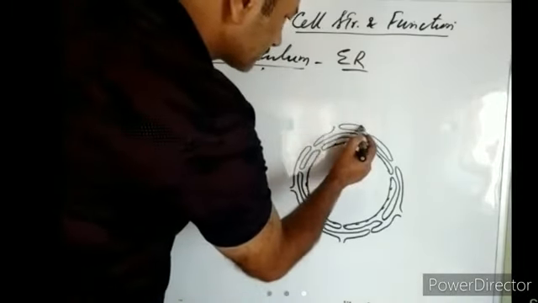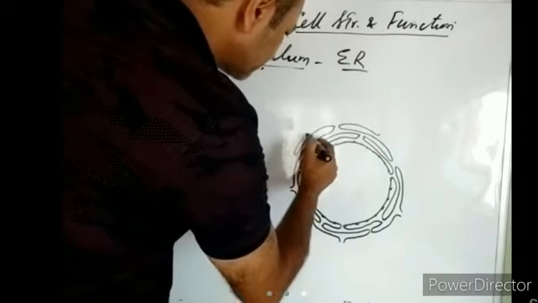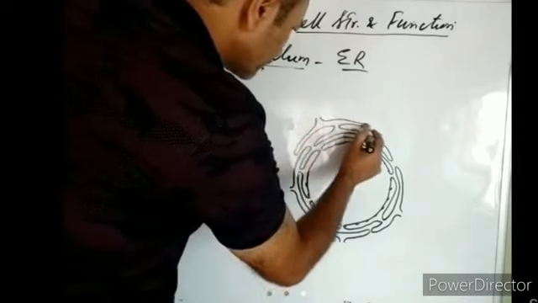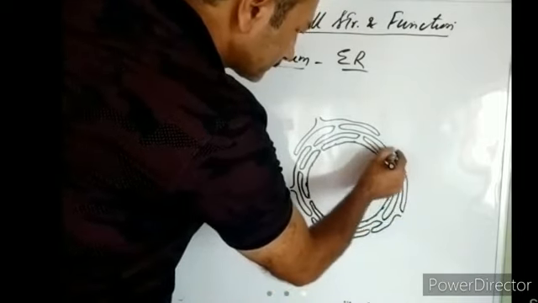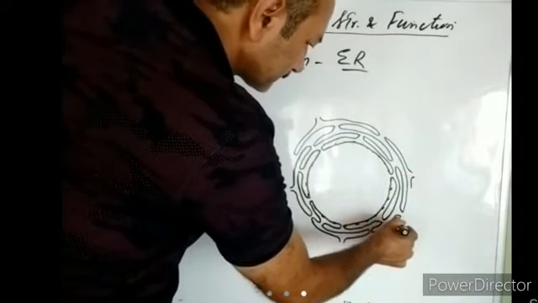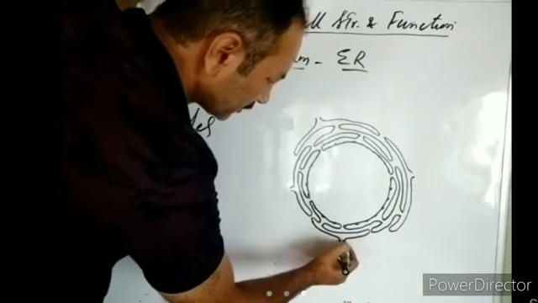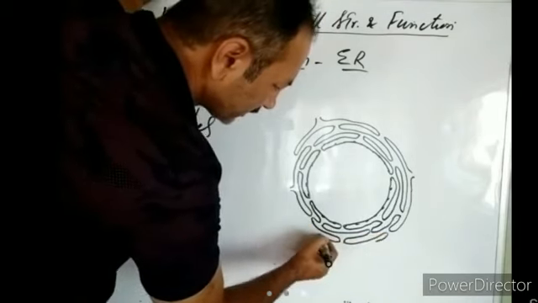Then they are present over another layer of cisternae. This is another layer of cisternae. They are stacked around the nucleus.